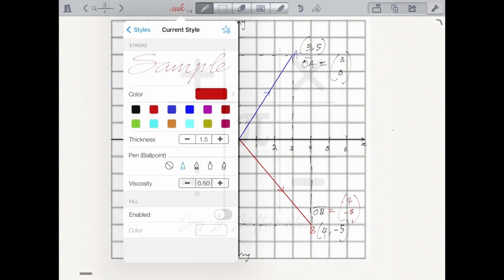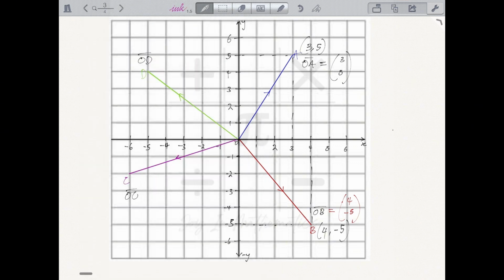Moving on, let's go on to OC. OC has a coordinate -2 on the y-axis, -6 on the x-axis. So the coordinate of OC, we can write it as -6, -2. So the position vector therefore will be -6, -2.